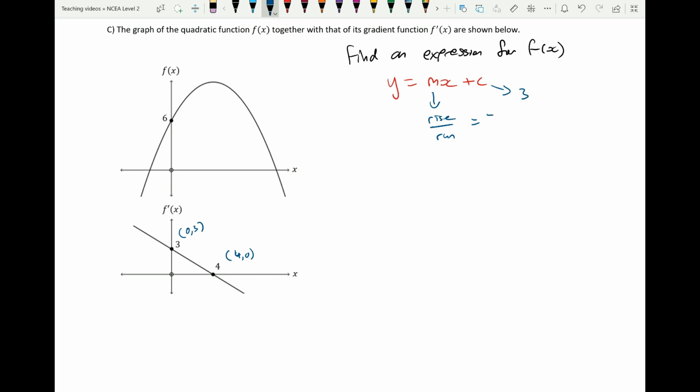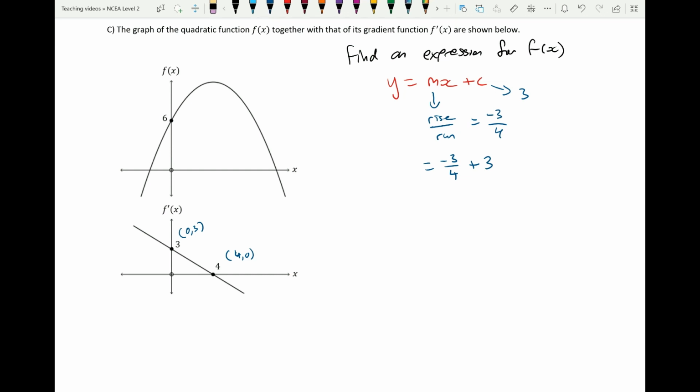So our rise is -3 and our run is 4. So -3/4. Could write that as a decimal, don't need to. So the equation of that line then, y equals m, gradient, -3/4, plus c, which is 3 because the y-intercept is 3.